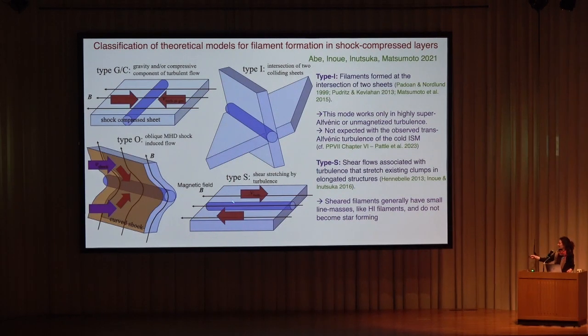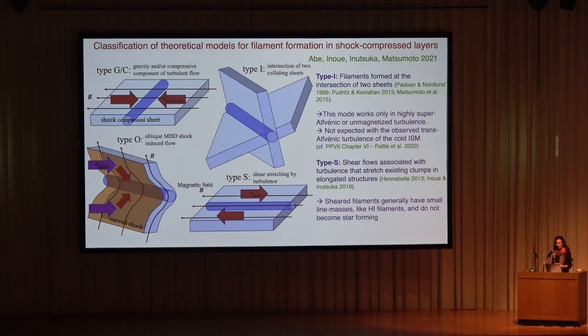The second type is type S, which corresponds to filaments forming through shear by expansion of overdensities through the turbulence, forming filaments that are parallel to the magnetic field. This type of filament usually has low line mass. They are like the HI filaments, and they do not become star-forming.